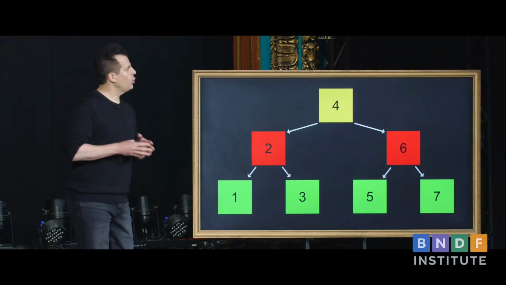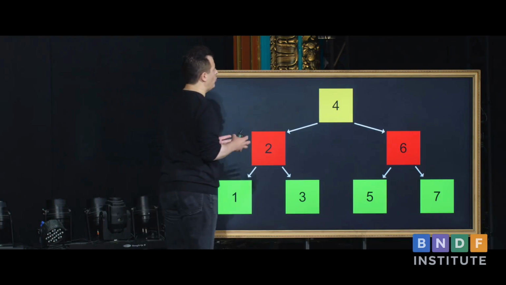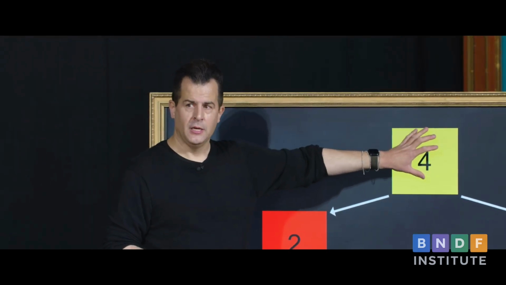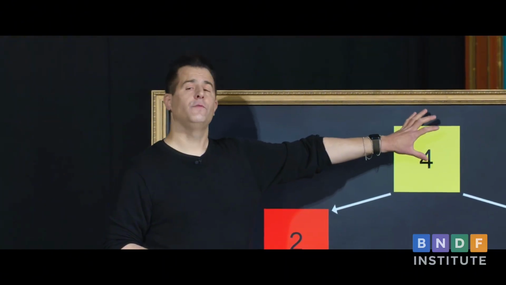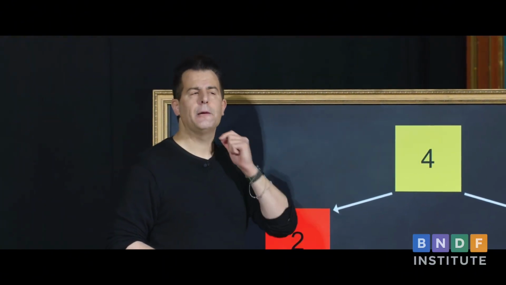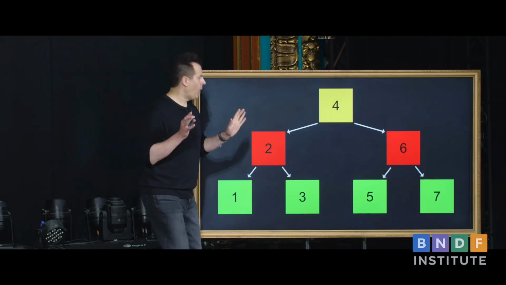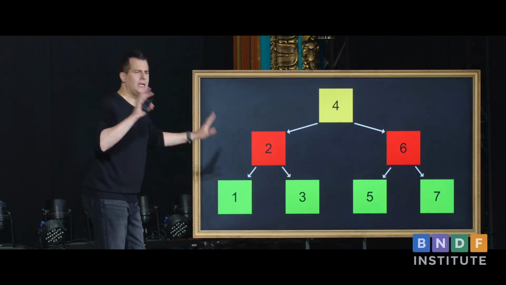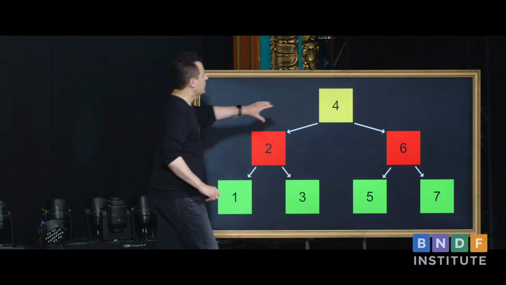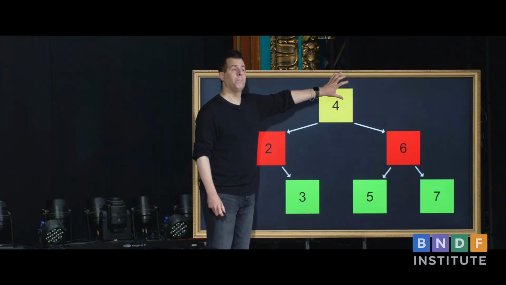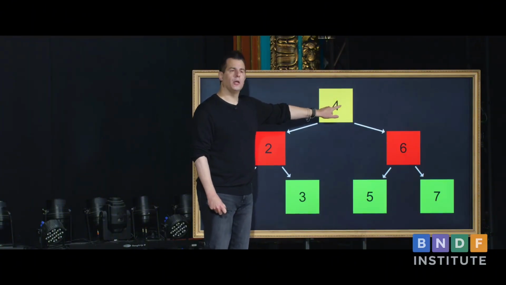Why? Well, so long as this binary search tree is ultimately defined by its root, the topmost element, and that is how you access all of the other elements, watch how many steps it takes me to find any number. Suppose I'm searching for the number 1. Well, obviously, with our bird's eye view, you can see it, but the computer can't. If the computer starts searching for the number 1 at the root of this binary search tree, it's going to see the number 4.